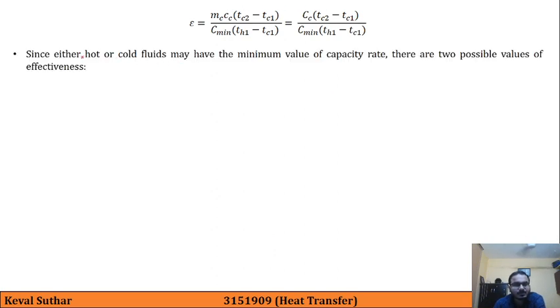So either the hot fluid or the cold fluid may have the minimum capacity rate. So C minimum has two options. It can be CH or it can be CC.